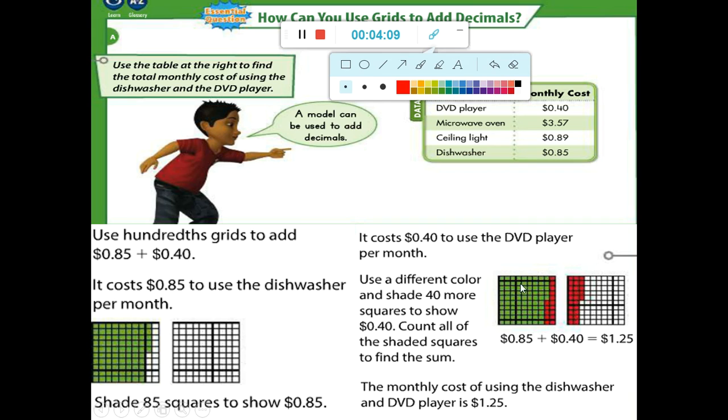So this one became completed. This is 1, and the remaining will be hundredths. So this full one and these 25 hundredths, so it becomes 1.25. So now I added using models without using normal addition.